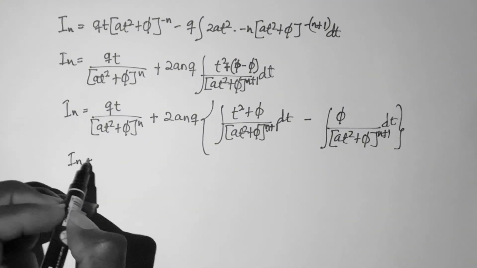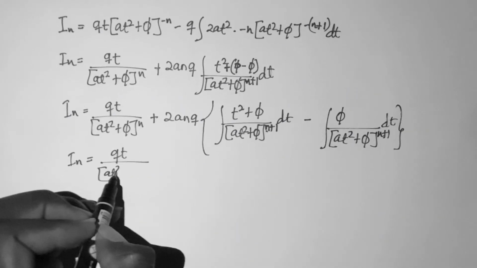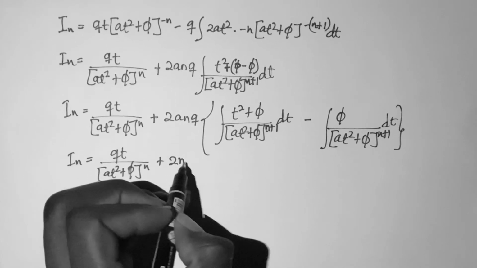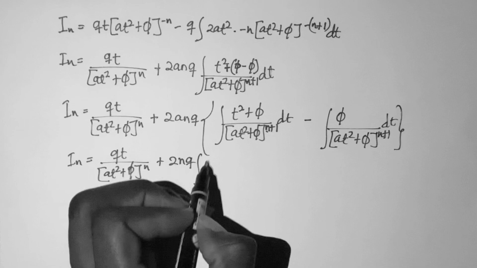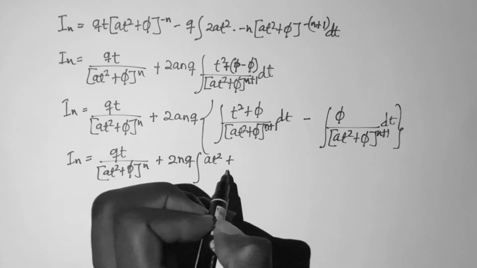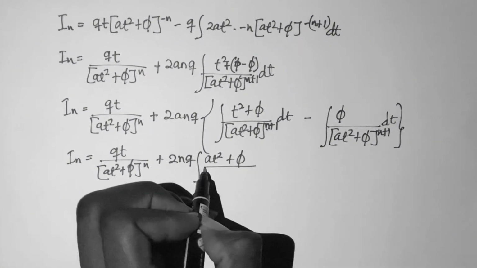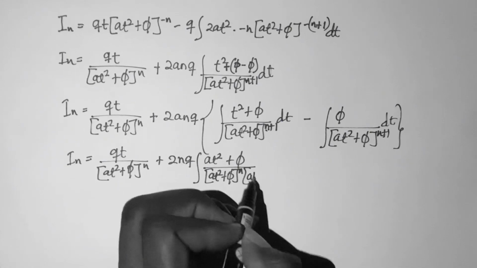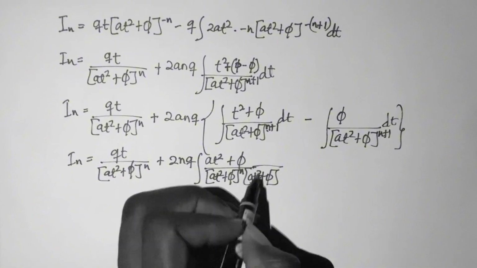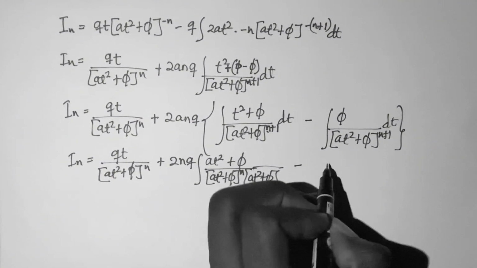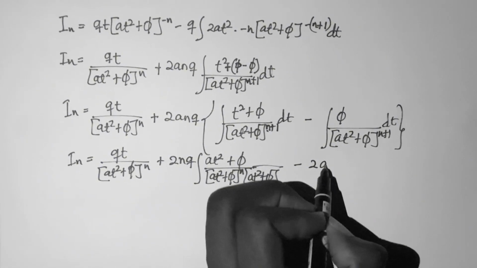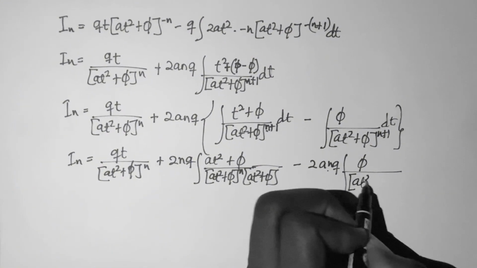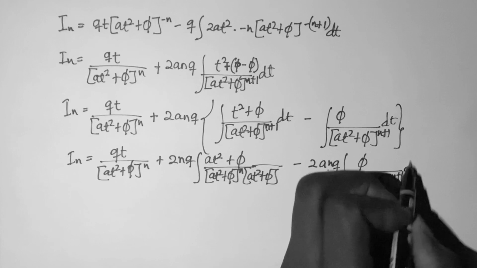So this becomes I of n equals qt divided by (at squared plus phi) exponent n, plus 2n q, integral of (at squared plus phi) divided by (at squared plus phi) exponent n, then I want to write it another way as at squared plus phi, so this is the plus 1, and then minus 2an q, integral of phi divided by (at squared plus phi) exponent n plus 1 dt.